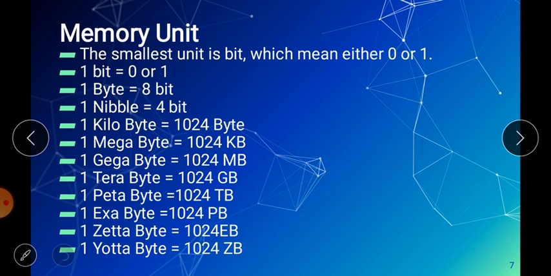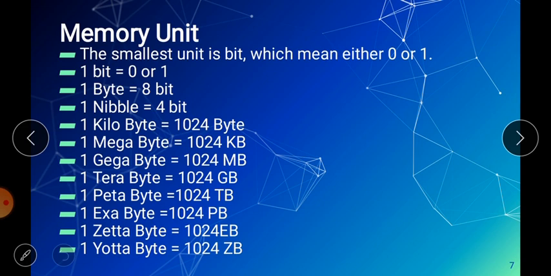These units are used to measure a specific thing, and as the weight or capacity increases, the name of the measuring unit also changes.